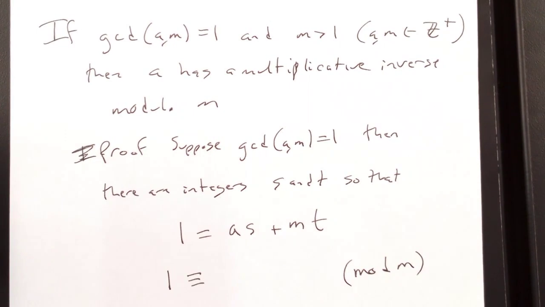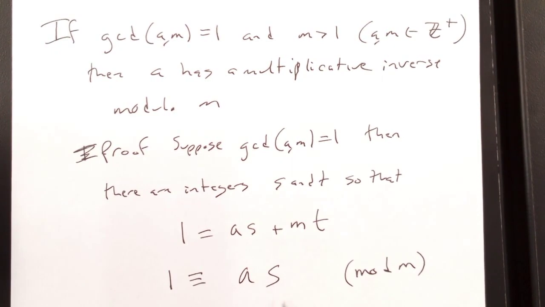P times m is 0 mod m, because it's a multiple of m. That means this piece goes away. There's my multiplicative inverse right there. I just found the number.